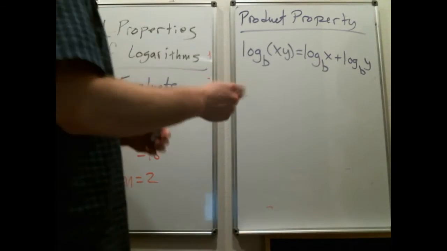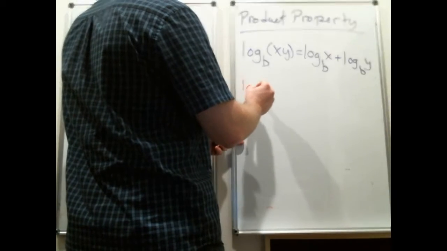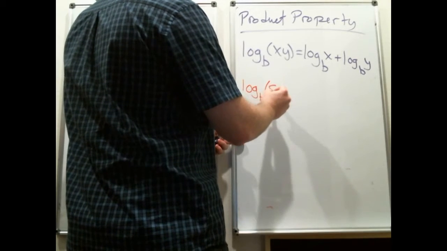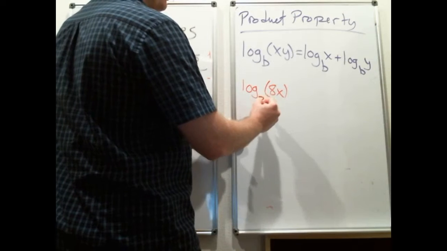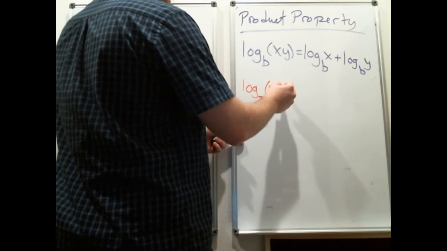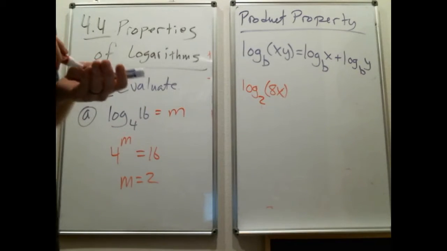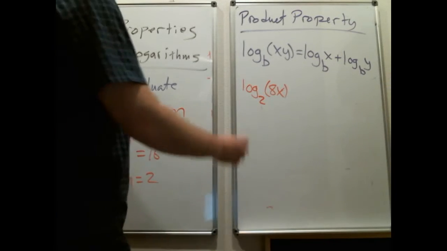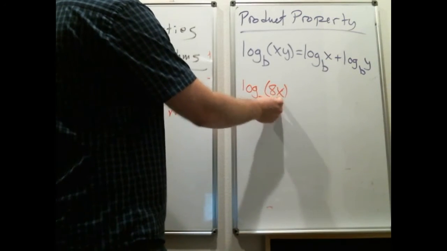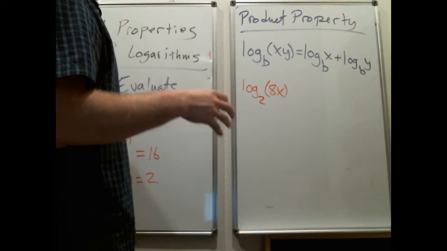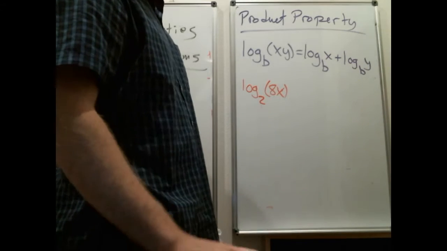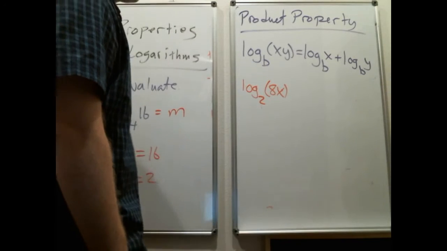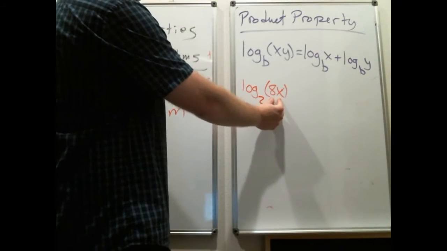So for example, let's do log base 2 of 8x. You need to recognize, there's going to be several properties we're going to look at, and you need to be able to recognize which property we're using. Product, you're multiplying two things together.